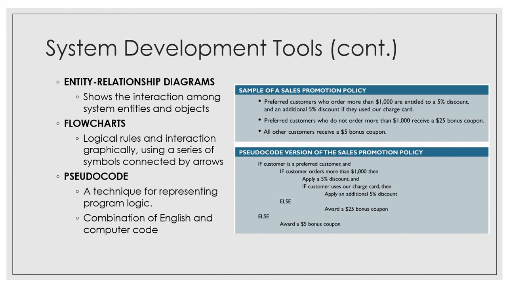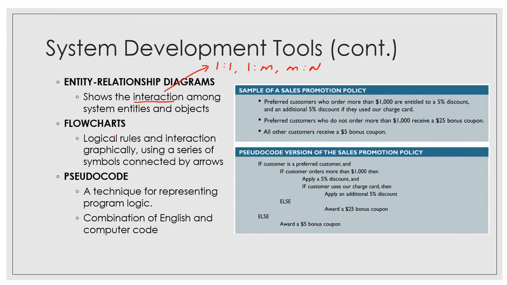For the ER diagrams, it shows the interaction among the system entities and objects. So when it states here the interaction, it means the relationship: one-to-one, one-to-many, and also many-to-many. Alright?